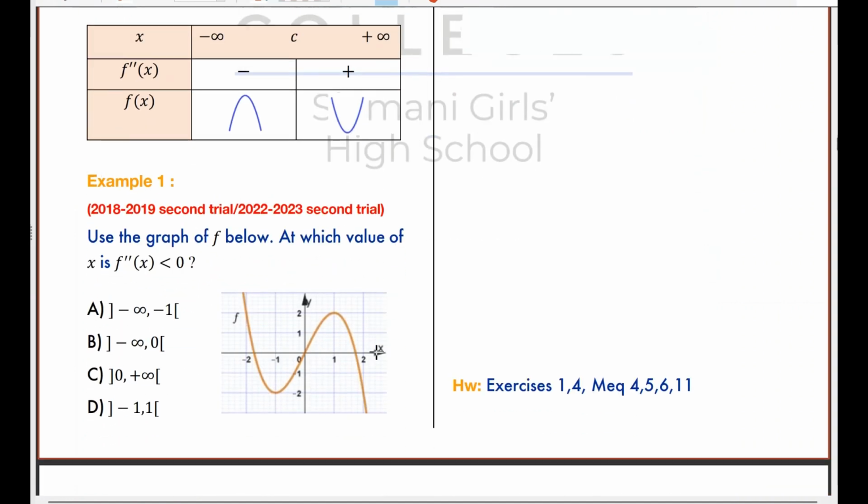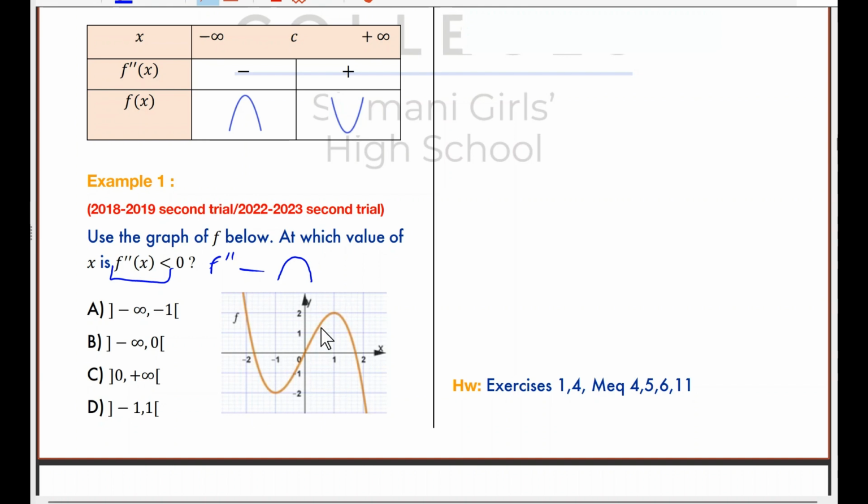Let's take a look at two ministry questions, the same question. Use the graph below. At which values of x is f double prime less than 0? What does f double prime being less than 0 mean? If the second derivative is negative, look at the table, then the function should be convex. So we are looking for the opening down part.